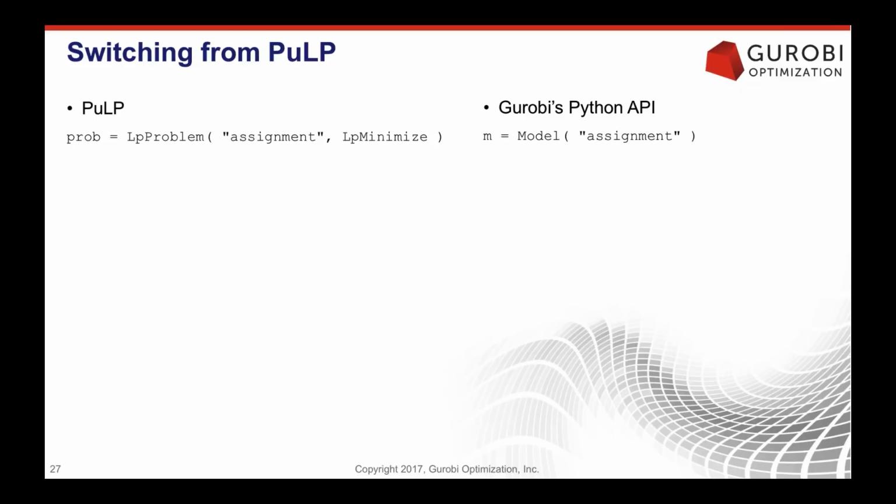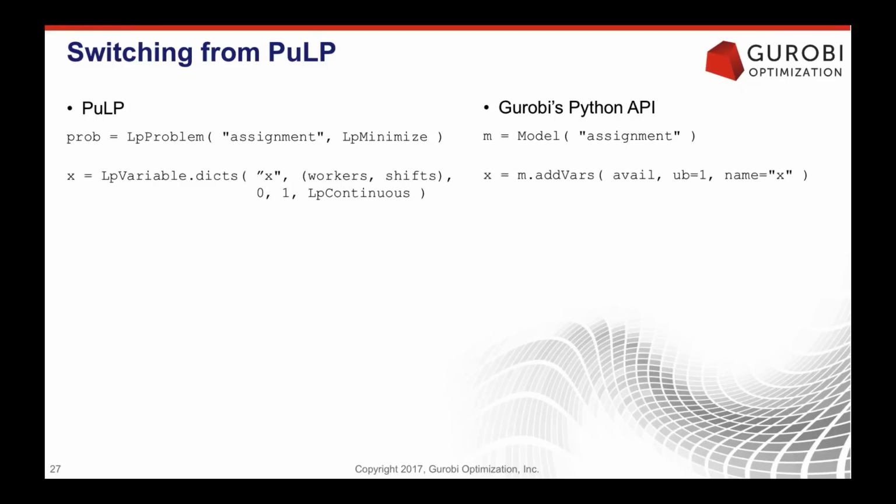So the first line here is the model object creation. And we have already seen how this works in Gurobi. This is just a different example here. It was easier to put on this slide. It's an assignment problem. And for PuLP, the actual constructor is the LpProblem method, and it has a name, and you can already set the objective sense here if you want to minimize or if you want to maximize.